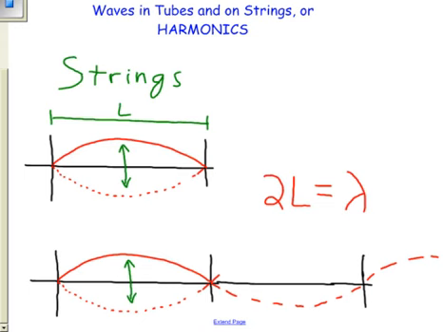Now, for a string, that equation works for the fundamental wavelength. That's what this is called, the fundamental. It's also called the first harmonic. So that label should be all around these pictures. When a string wiggles like this, it's called the fundamental. It's also called the first harmonic, and the wavelength is twice the length of the string.